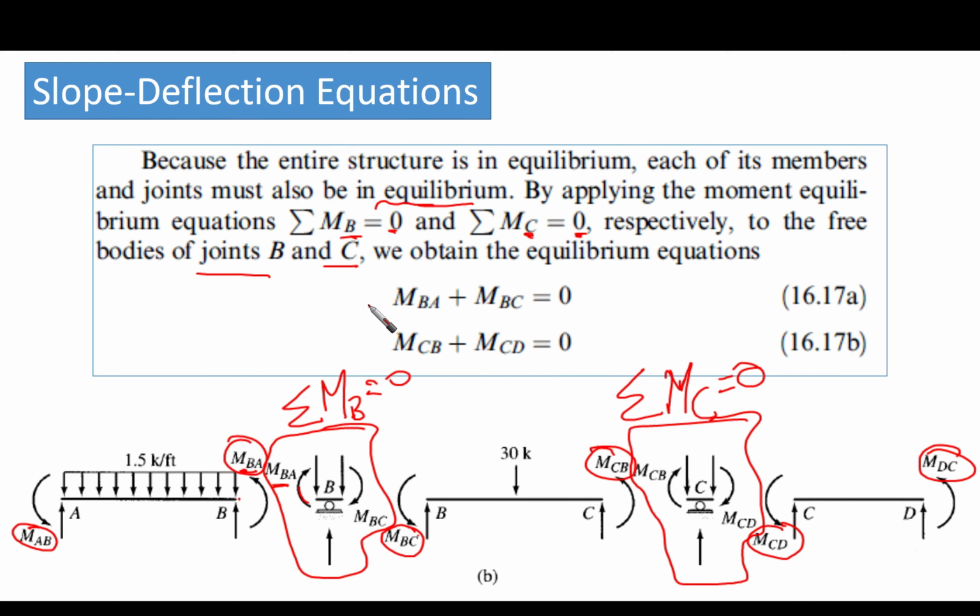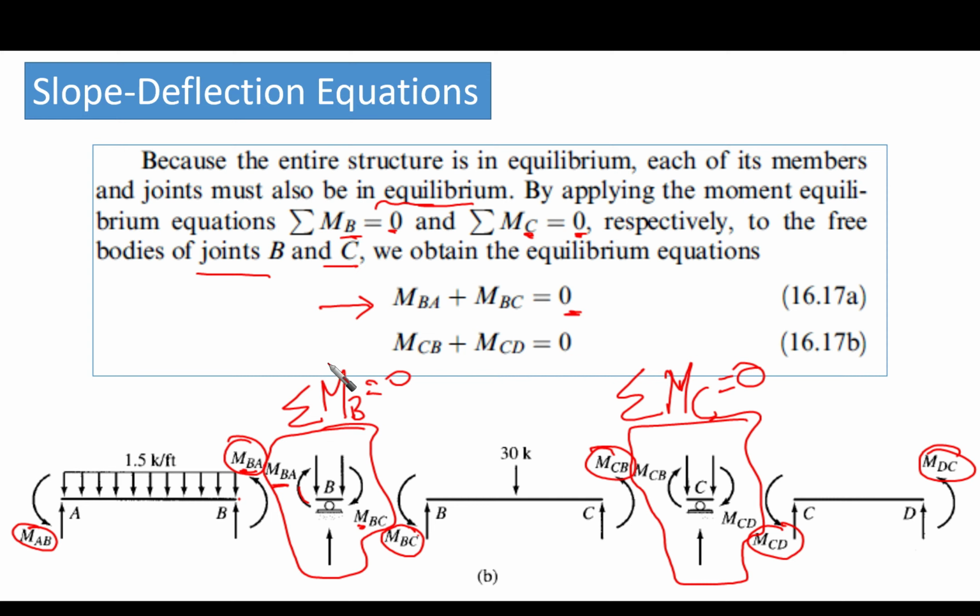The equilibrium equation at point B gives us this simple equation: MBA coming from this span plus MBC, which is coming from this span, should equal 0, right? This is very true.